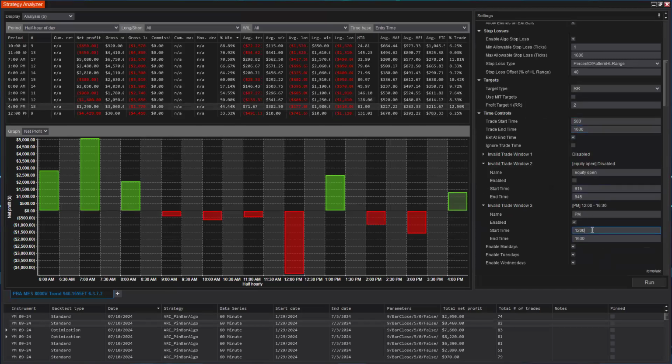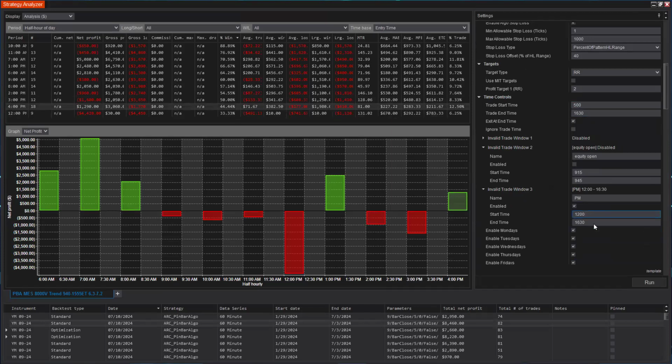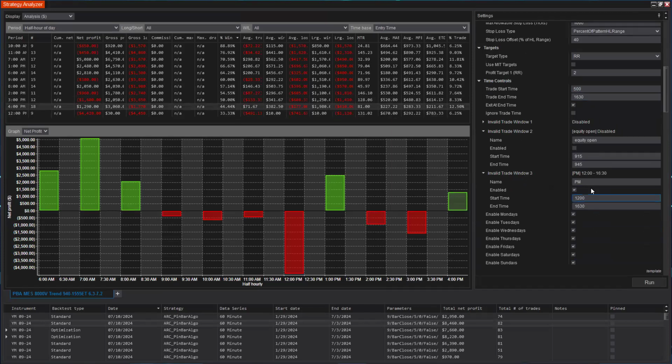So here's the question. If this is disabled from noon to 4:30, why is it trading? That is entry time. Huh.